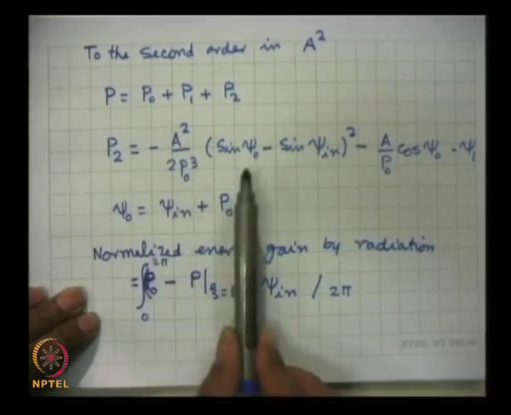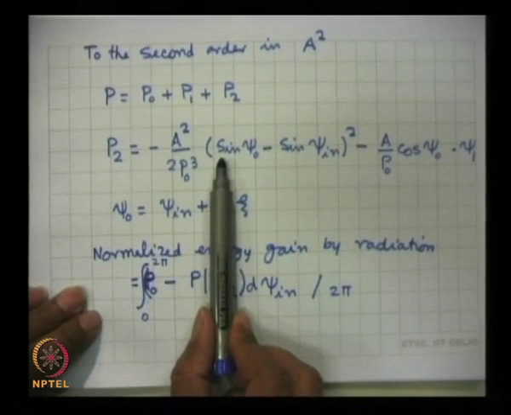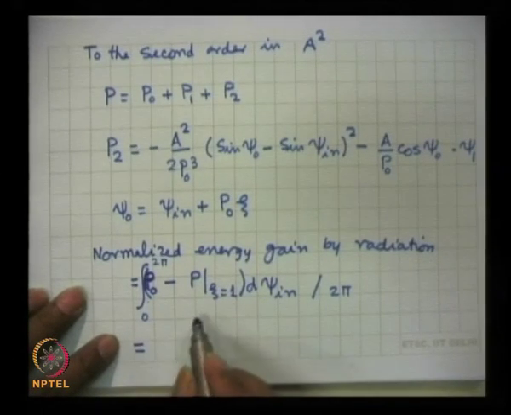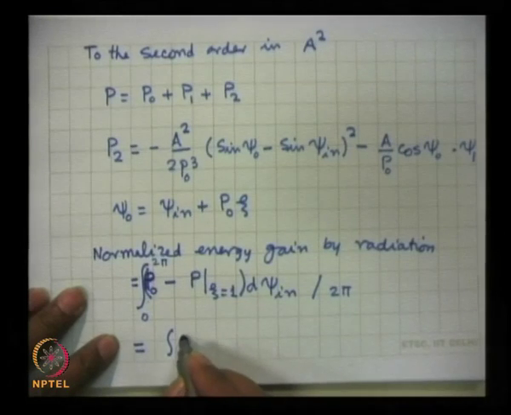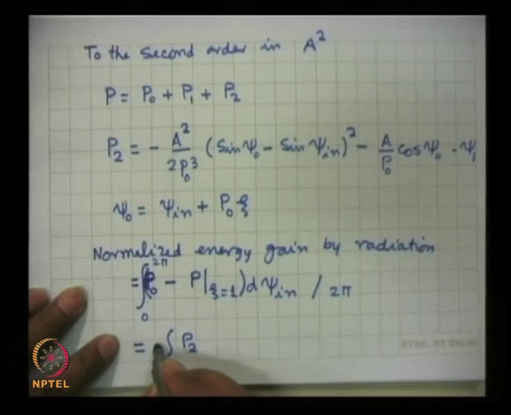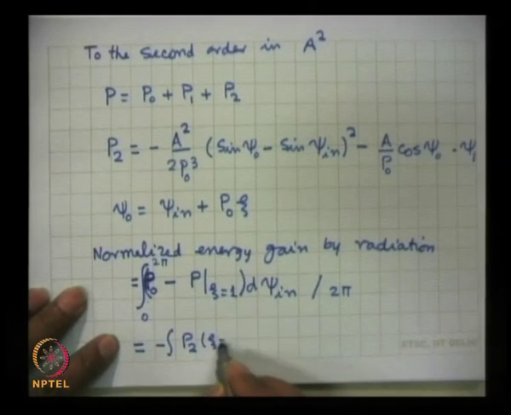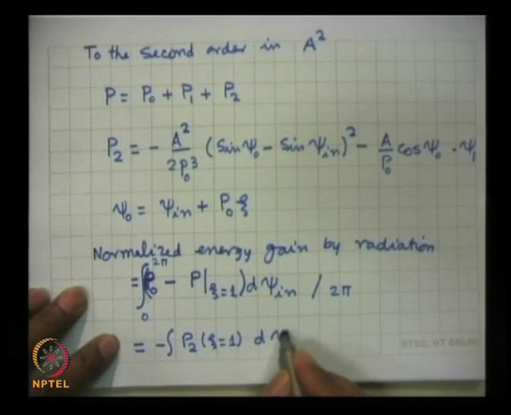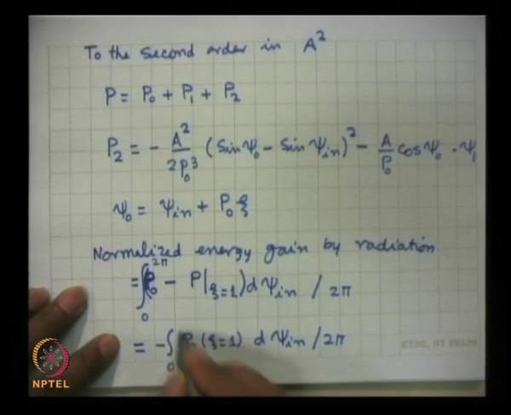So, it is this term which is important in energy transfer from particles to wave, and this turns out to be simply equal to, put this here, this is P2 with the negative sign of course, and I am evaluating this at xi equal to 1 multiplied by d psi in upon 2 pi and 0 to 2 pi.